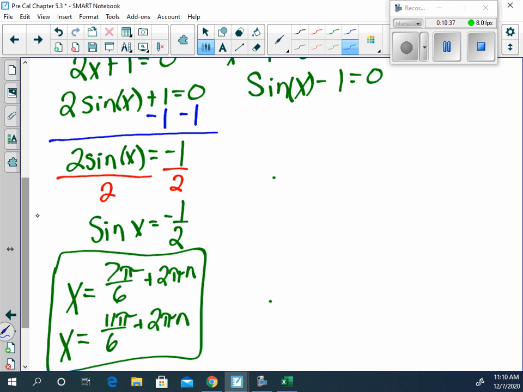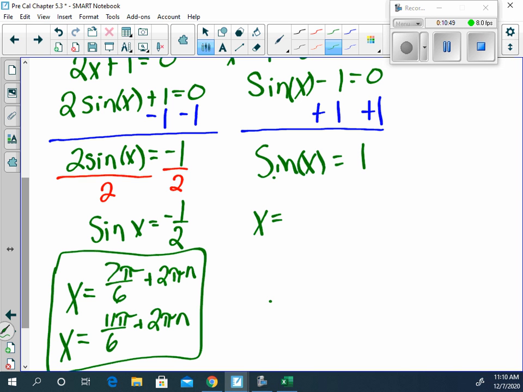We just have to solve the other side. So where is sine of x equal to positive 1? I can't remember if it was straight up or straight down.